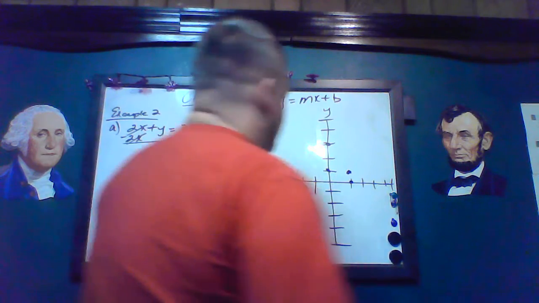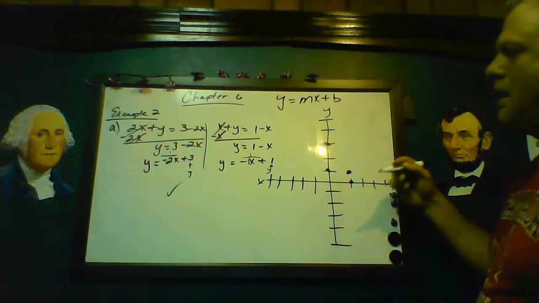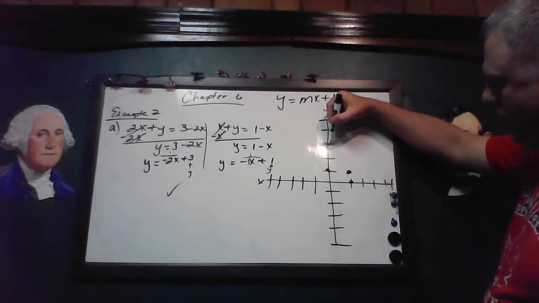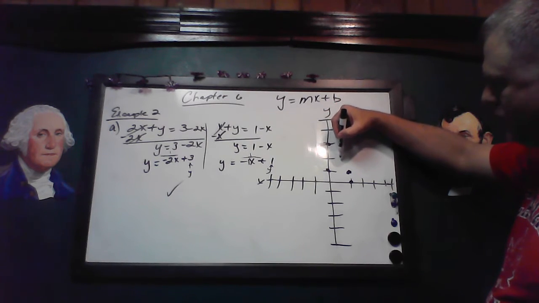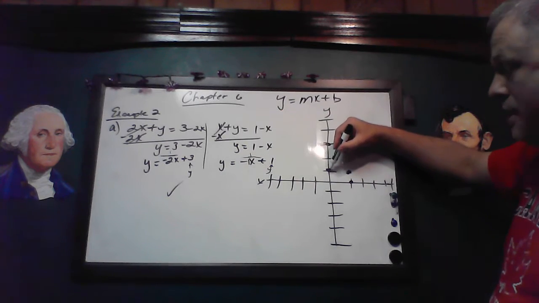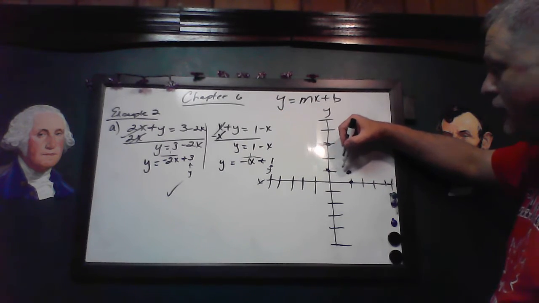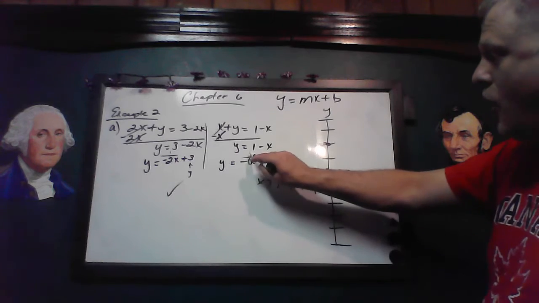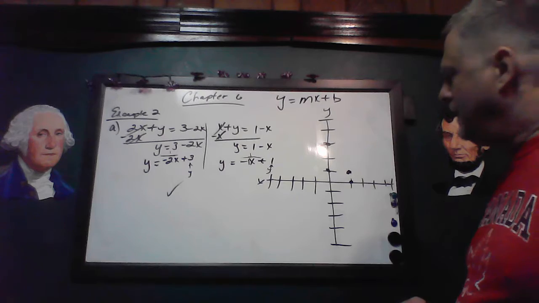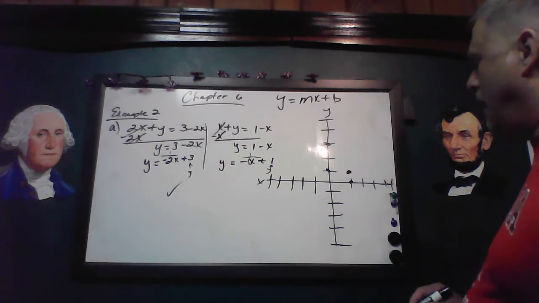Okay, all right. So 1, 2, 3, and then over 1, down 2. And then 1 right here, and then push off by 1 and down 1. Okay, a little more complicated for beginners, but we'll get through it.